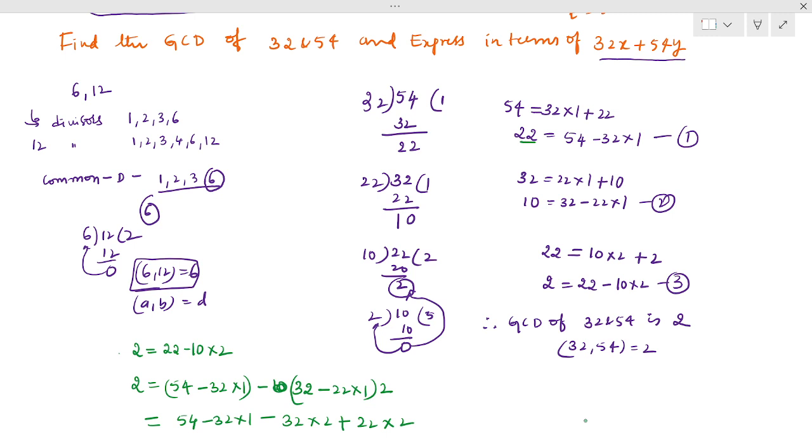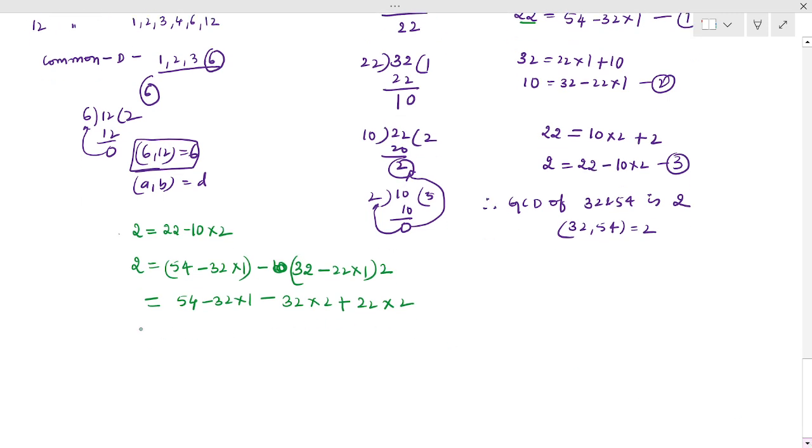Fine. Now this can be written as 54 minus 32 into 1, and 32 into 2 becomes 32 into 3, plus, once again use the value of 22.